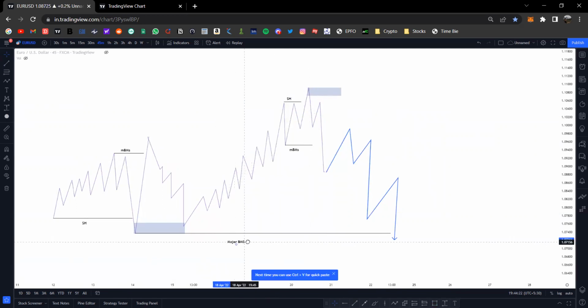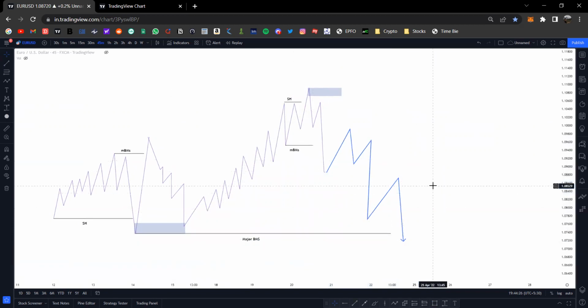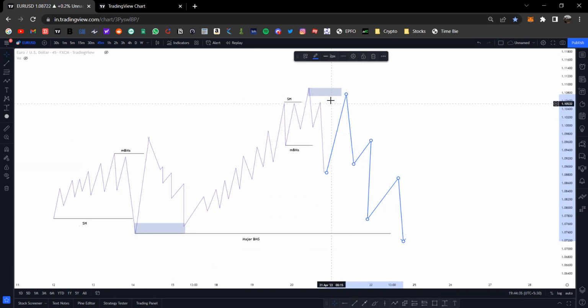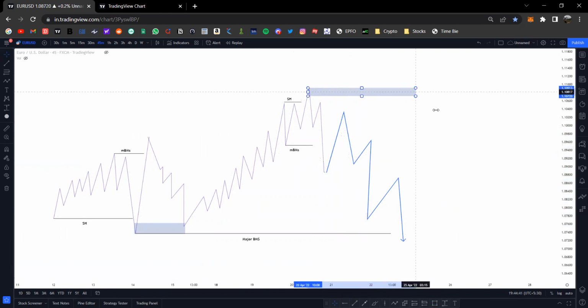After breaking this low, we are completely in a bearish trend. So if price doesn't invalidate this high and takes out this low as well, that can be a good point of interest for swing trading for us.